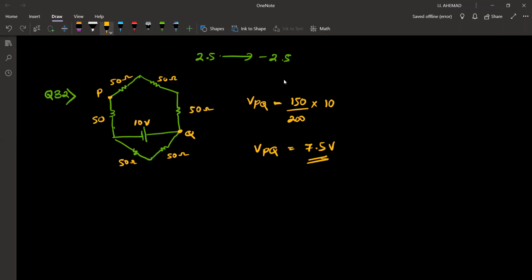Got this answer? How about Sarah and Shahana? Okay, you don't need to bother about the potential. You can straight away use the potential divider, right? Because you have the same current going through all these resistors.